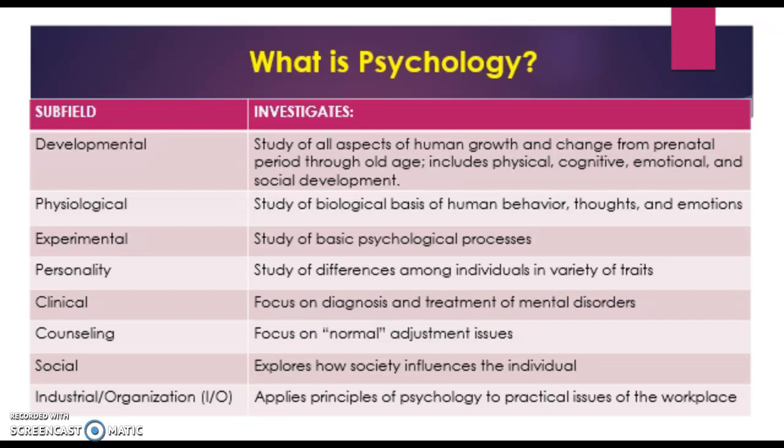Physiological psychologists really focus on the biological bases of human behavior and thoughts and emotions. Neuropsychologists might look specifically at the brain and the nervous system.